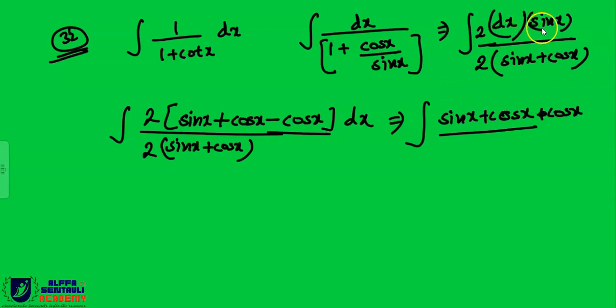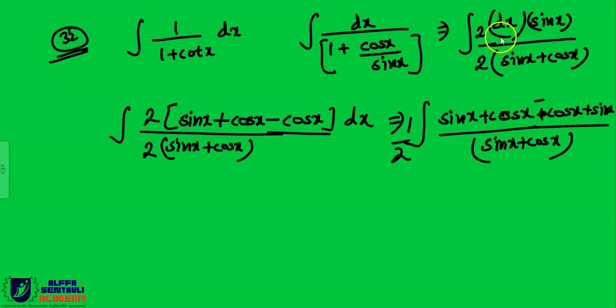We have to write this 2 so that we are left with 2 sin x. So if we want to be left with 2 sin x, then there should be 2 sin x. So 1 cos x added, 1 cos x subtracted, and 1 sin x added. Now if we compare, we will get exactly the same thing. This 1 by 2 will come out and this will become sin x plus cos x.